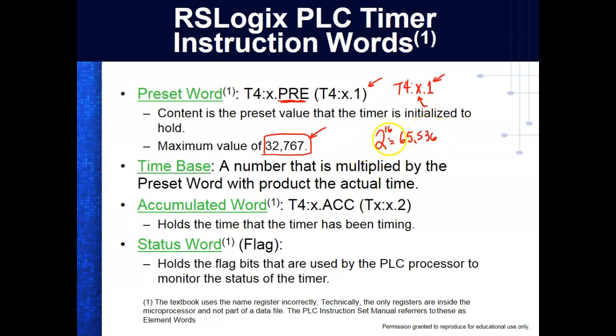But what happens is we lose 1, so that would be 2 to the 15th. And why is that? Because we lose 1 bit for the sign, right? Which would give us 32,768, if you divide that by 2. Everybody okay?